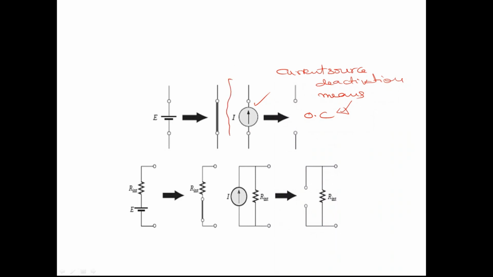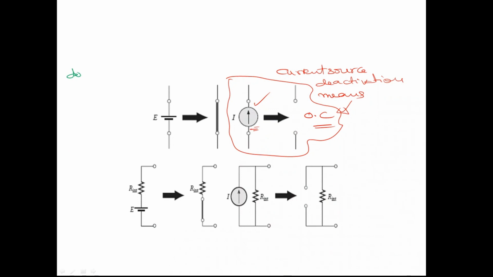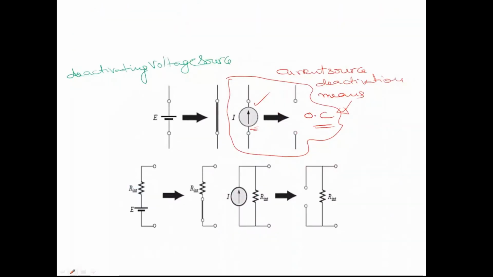This is as far as the current source is concerned. An ideal current source is deactivated by removing it and representing its terminals with an open circuit. Suppose you want to deactivate a voltage source. In this diagram, this is an ideal voltage source.